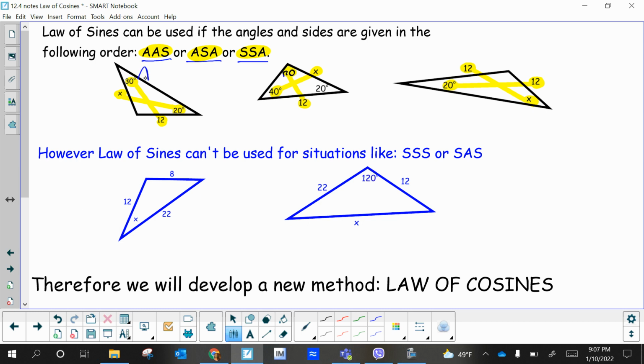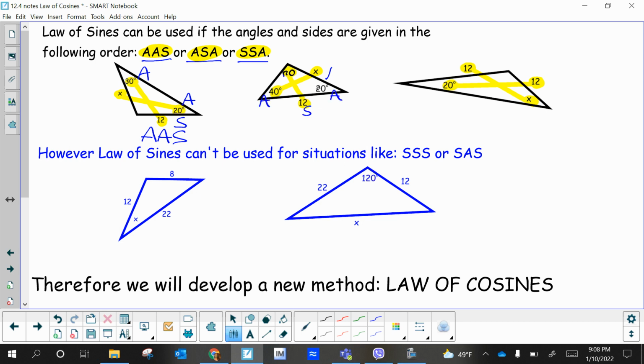Here we're given angle, angle, side. So this one in particular is angle, angle, side. On the next one, what's given here is angle, side, angle.